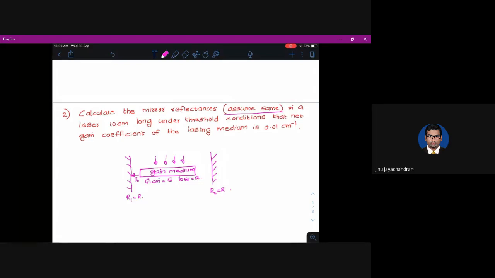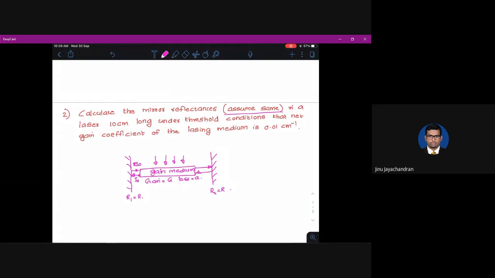Now I0 will be incident on the first mirror, it will get reflected, and you will get R times I0. It will pass through the gain medium, where there is an exponential increase depending on the gain and loss. It will be incident on the second mirror, reflect back, and come back to I0.